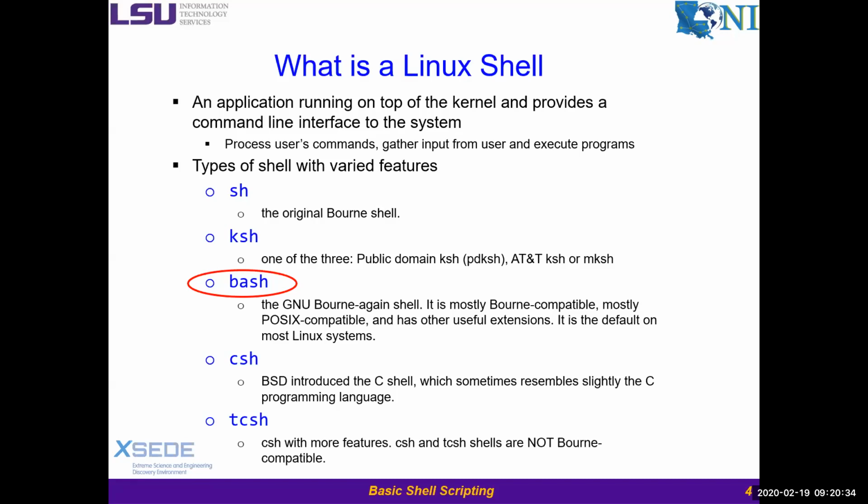The reason I mention these different types of shell is that most of you are graduate students, postdocs, or professors. You don't start your work from scratch. You join a group, and the group has already been using a type of job script for many, many years. You just need to add your own work to it. And those scripts might be written in a different shell, in C shell, in TCSH shell.